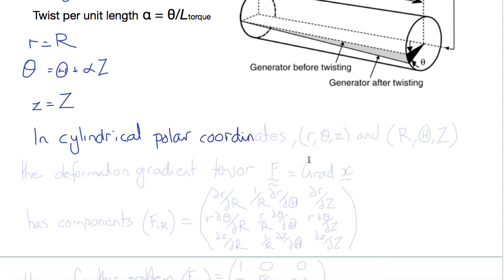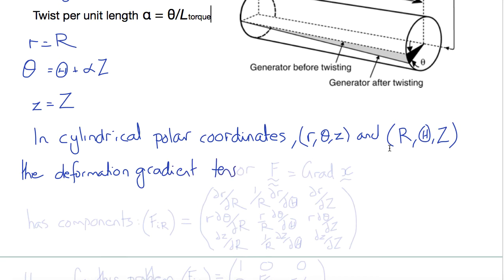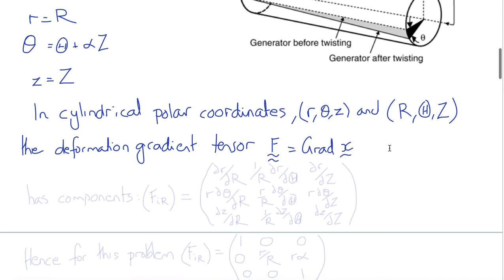In other words, where our deformed coordinates, instead of being little x, y, z, are little r, theta, z, and our undeformed coordinates are capital R, capital Theta, capital Z. So the deformation gradient tensor would no longer just be partial derivatives, and in fact the proper definition in polar coordinates of the grad of x, where the capital G indicates a gradient with respect to undeformed coordinates, would look like this, where the components F_iR would be del little r, del big R, just as you'd expect.